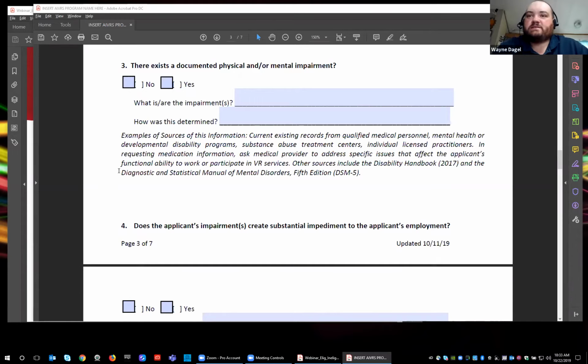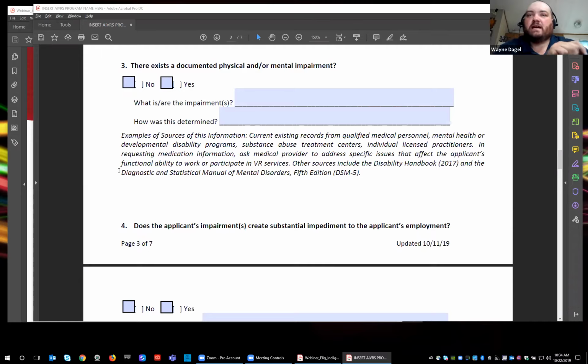Because once you identify those disabilities in the eligibility certificate, you have to address those specific disabilities in the IPE. So the two have to be connected. I don't want to go much further into the IPE development part of it.